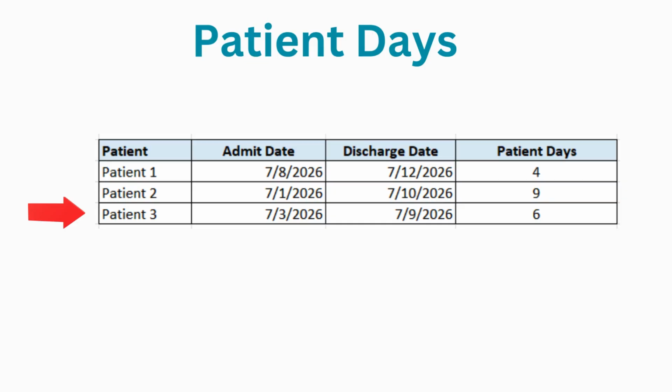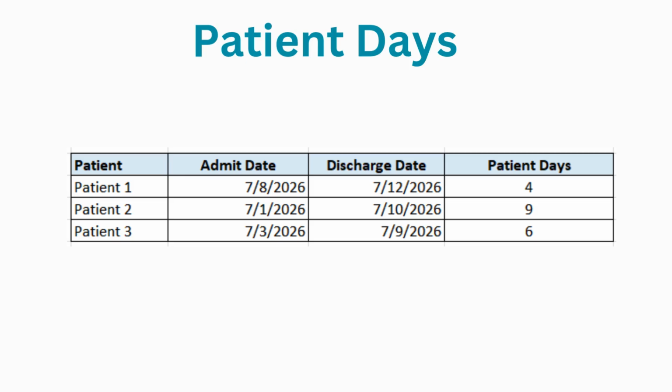So they're in the bed at midnight on that day. That day counts. So we have the 3rd, the 4th, the 5th, the 6th, the 7th, and the 8th. That's 6 patient days because they're discharged on the 9th. So that day is not going to count as a patient day because they're not in the bed at midnight. So our patient days for this one patient, patient number 3, are 6.